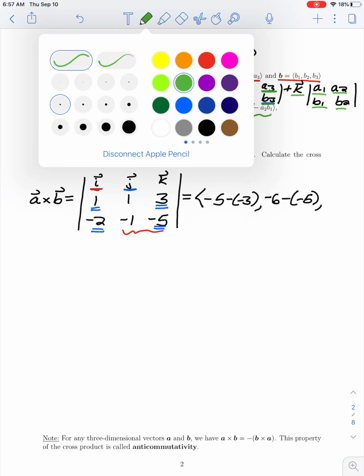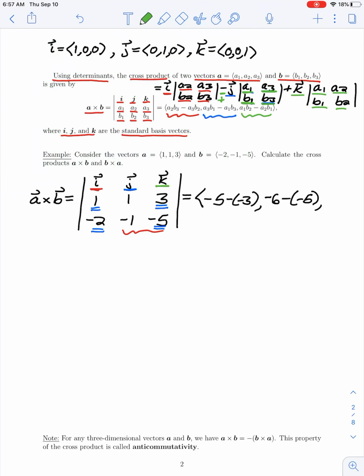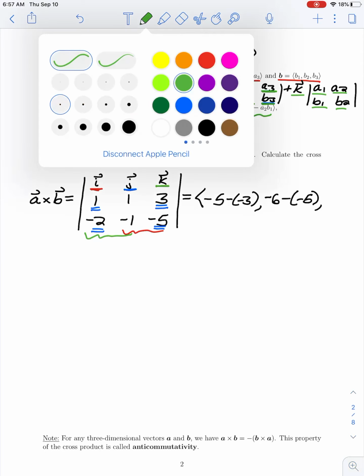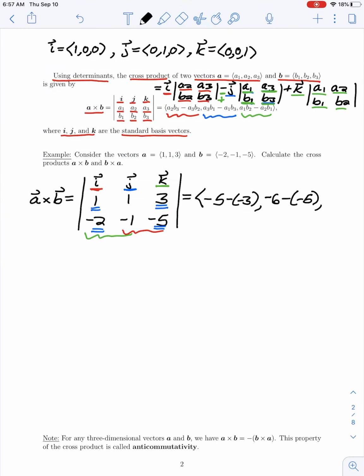And then for our k component, we would take the determinant of the 2 by 2 submatrix we get in this bottom left corner. That is by deleting the first row and third column. So here we would have -1 minus a -2.